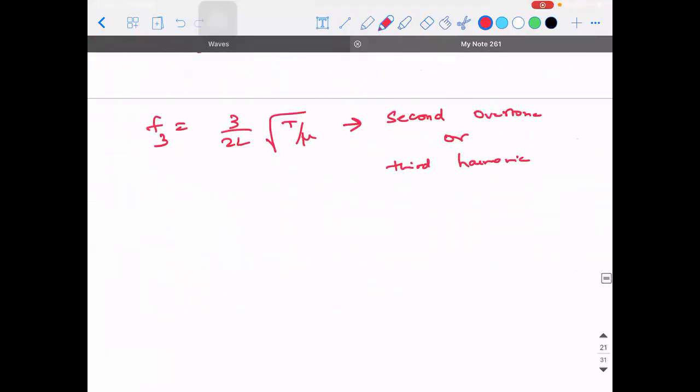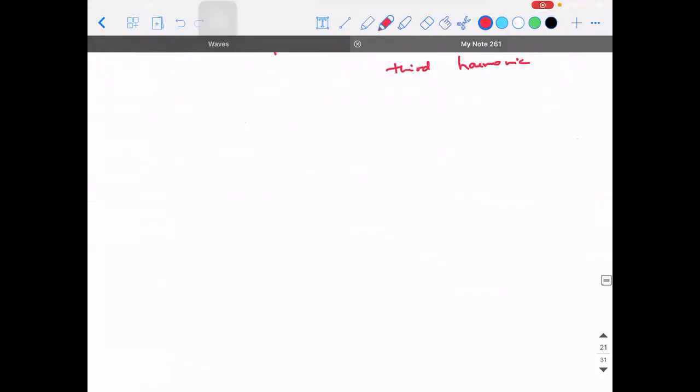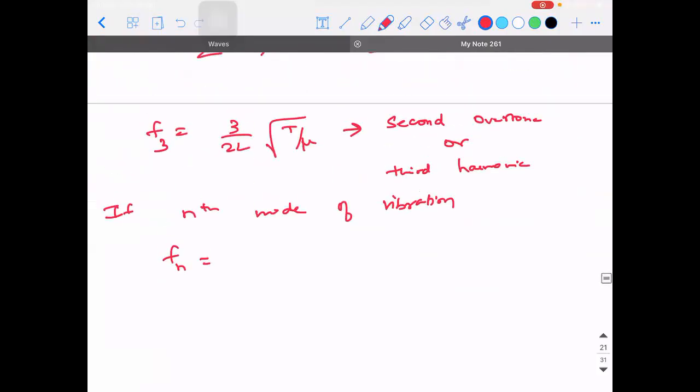Like this, within the same length, it is not necessary that I restrict it to a number. If it is in the nth mode of vibration, how many standing waves will get formed? N standing waves. So can I write Fn is equal to... you guys generalize and tell me, what is common in everything? 1 by 2L into root of T by mu is common.